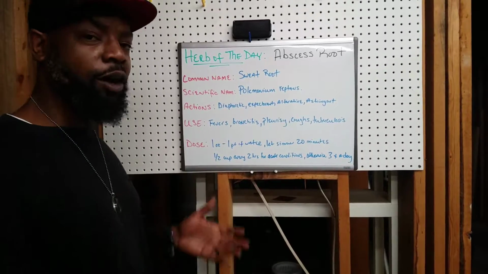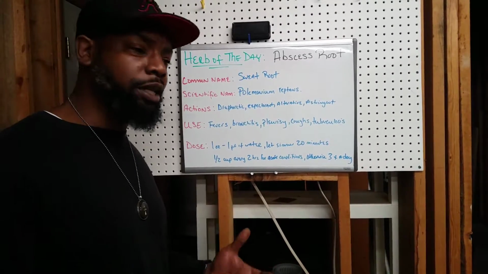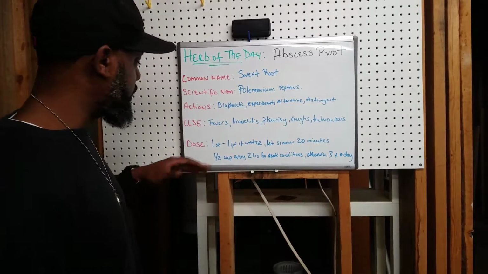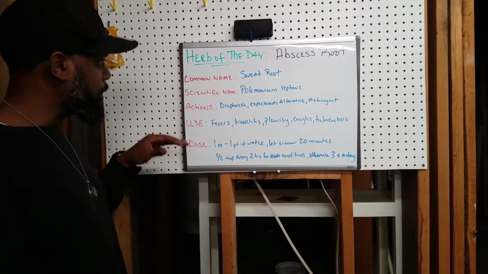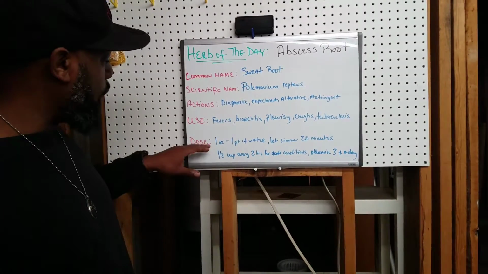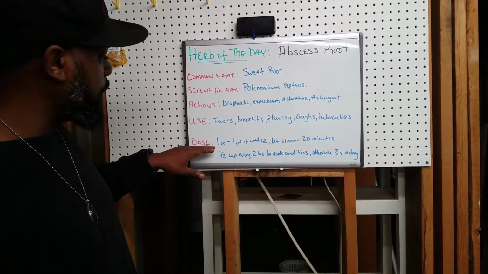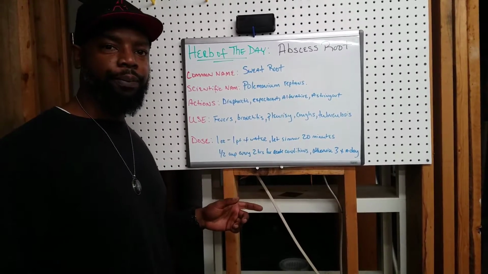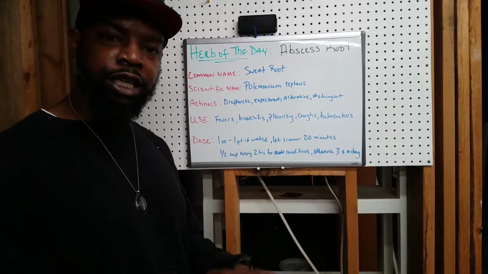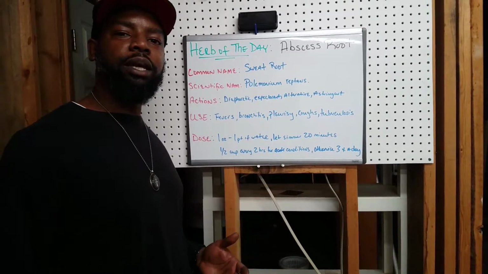Now, what are some of the doses for this? We'll try to give doses too. I can't promise you that everything's going to have dosage, but a good thing for this one is that it gives us a dosage. The recommended dose for abscess root is 1 ounce of abscess root to 1 pint of water. 1 ounce to 1 pint of water. You allow it to gently simmer for about 20 minutes.